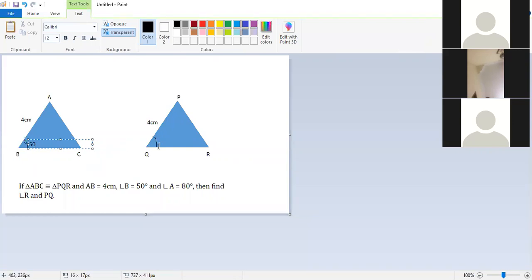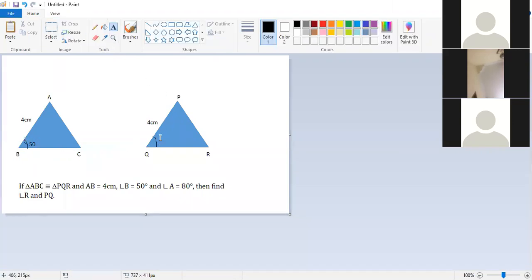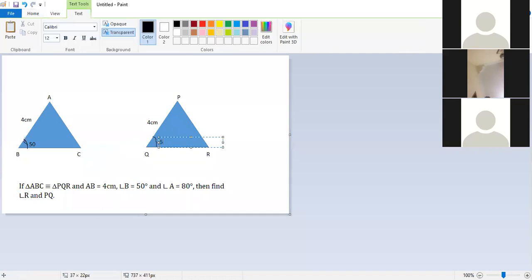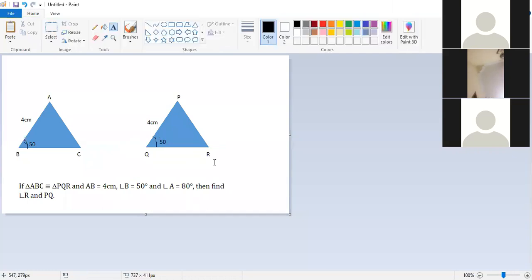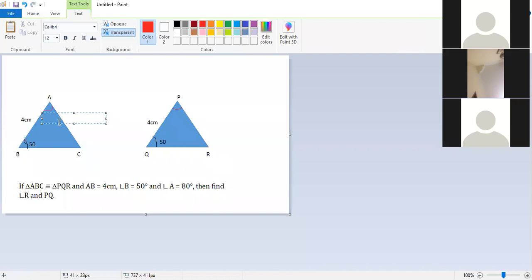Now both angles are 50 degree. Next he has given angle A is 80 degree. Angle A is congruent to angle P, meaning angle A is 80 degree and angle P is also 80 degree.